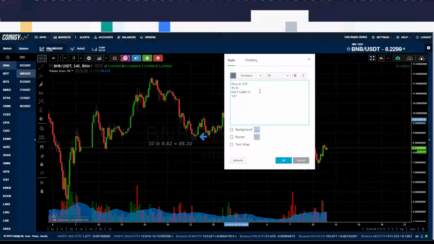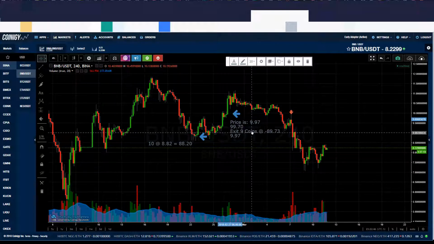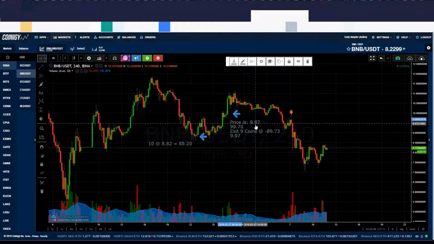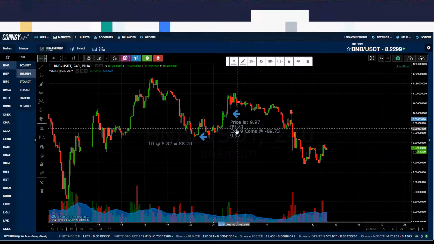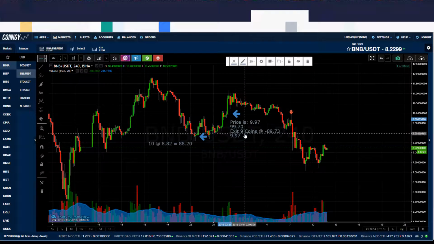That's what you would get. Basically the price is $9.97. If you exited your full position, you'd get $99.70, but you're only going to exit 9 coins. You're going to keep 1 in there, which would be your profit, right? You're going to keep 1 coin in there for your trading fees.